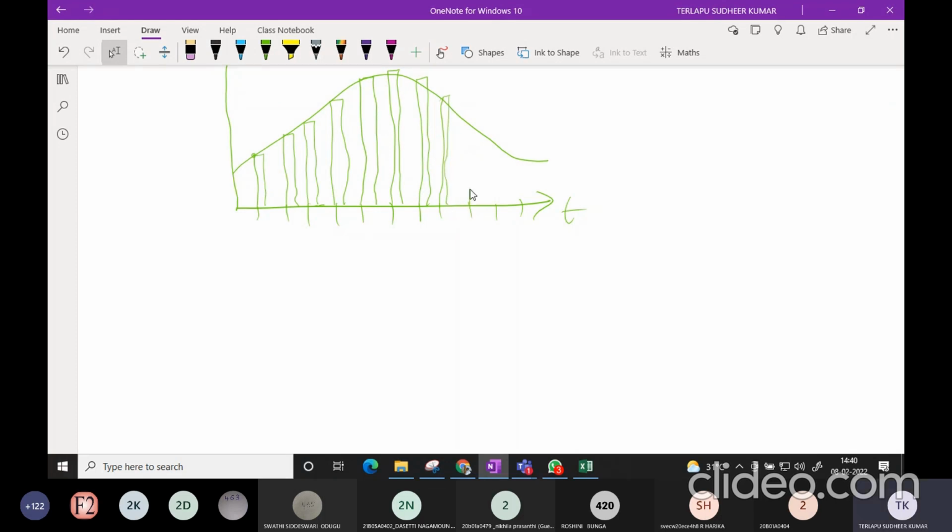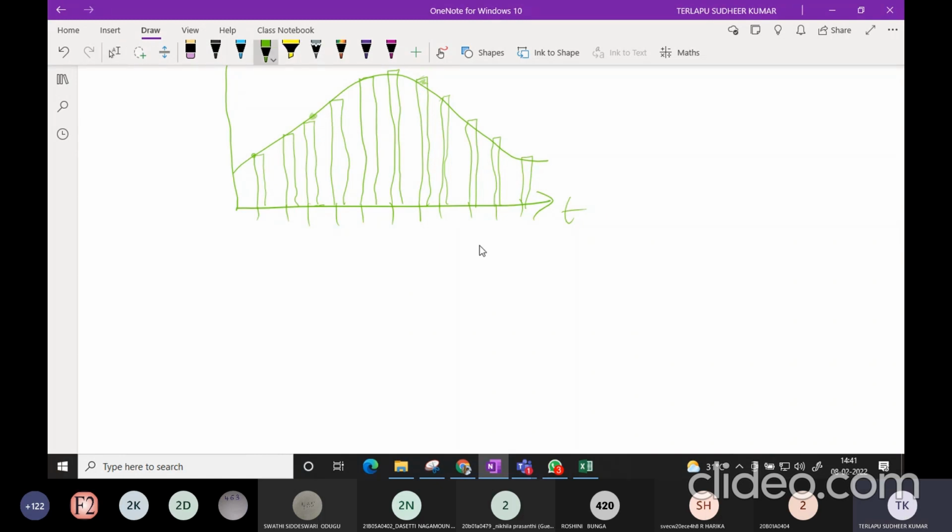Of course, in flat top sample, you can observe a certain amount of error. There is some deviation between the original M of t and the sampled M of t. This is the deviation that you can observe.